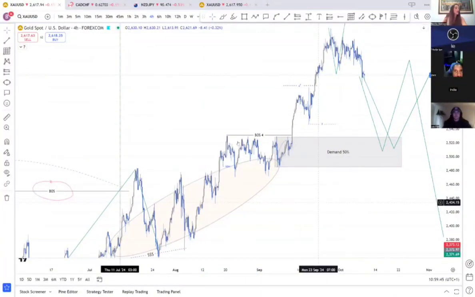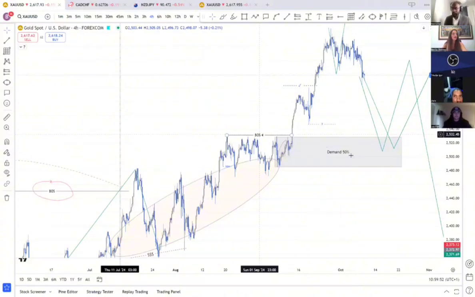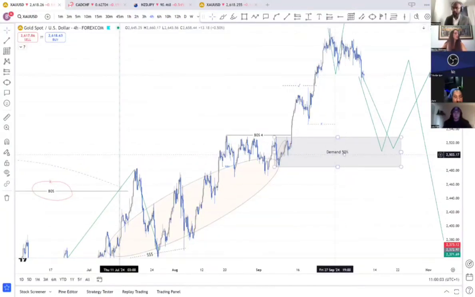Because this is a valid break of structure in 4 hours time frame, it gives more and higher chances for this demand to be respected in a shorter term. So I would keep an eye on this demand on a daily time frame. And also I would mark the demand on 4 hours now, which is right here.